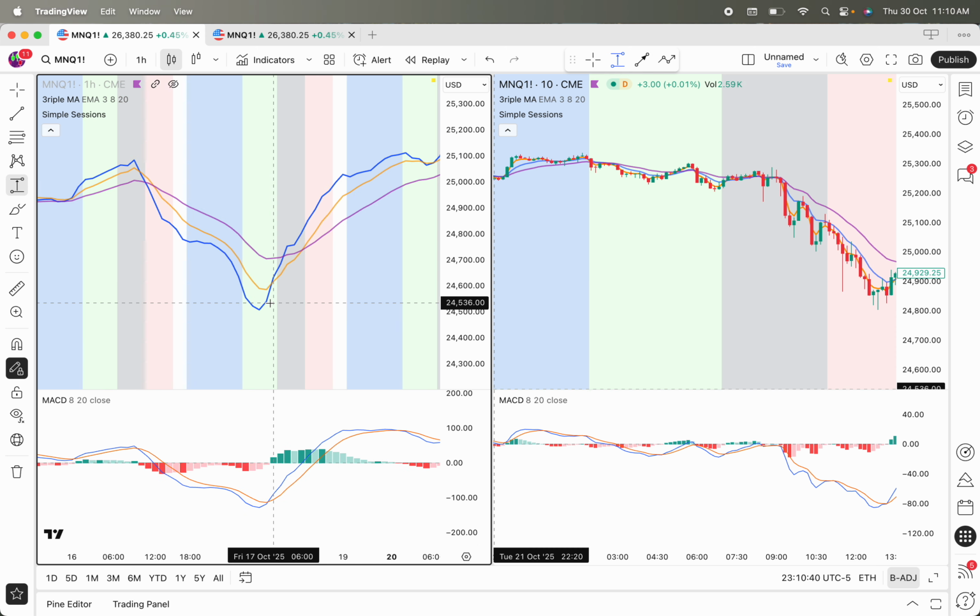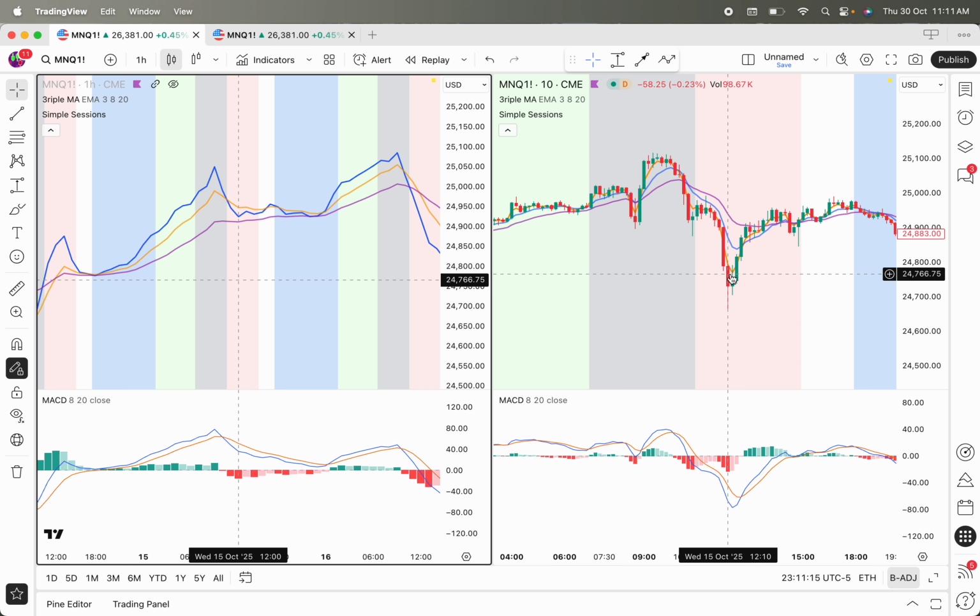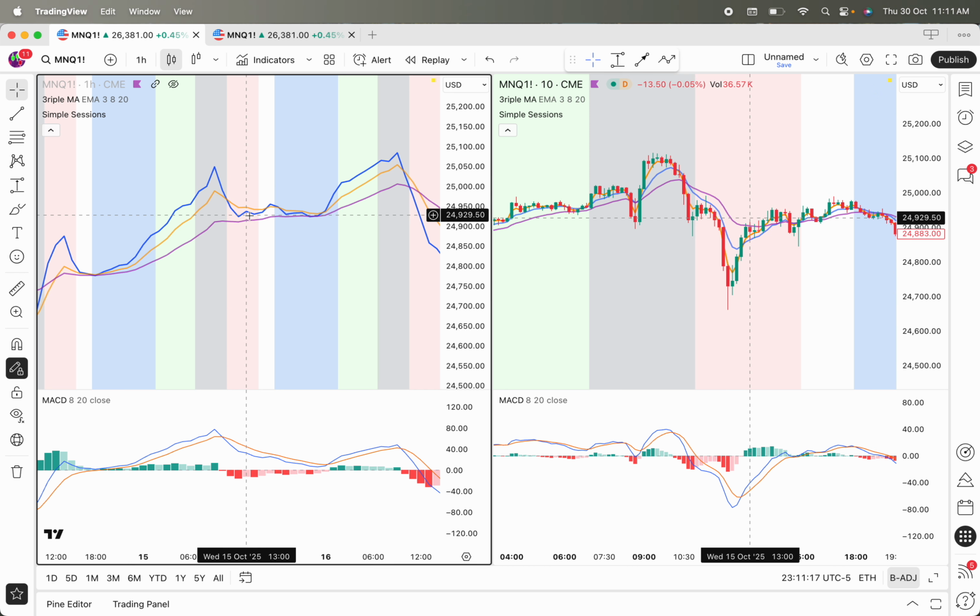So you can see here that if you didn't have the 20 EMA here, you could have gone short, and there was a scalp, okay? But maybe if you just let that go and wait for the trend to right itself, you can see here that the 3 tried to come down and the 8 tried to come down to the 20, but it bounced off here.